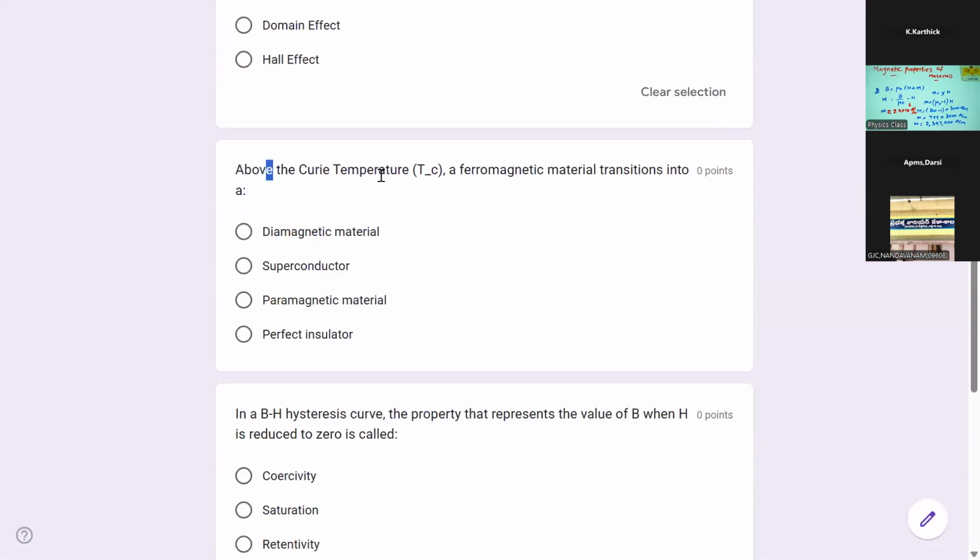And above the Curie temperature, Tc, the ferromagnetic material transitions into which type of material? Already I told you in that class. Which one is correct?